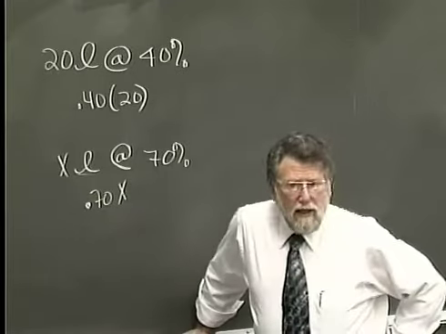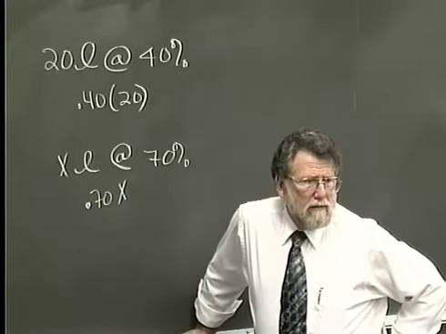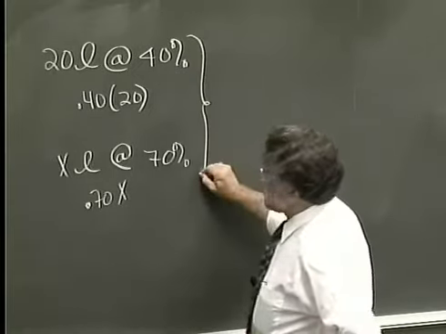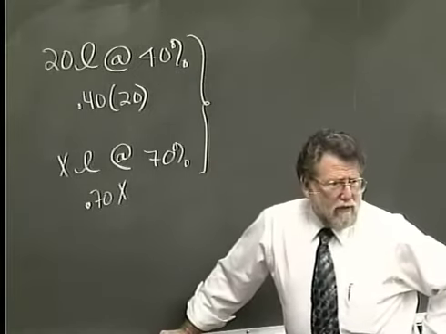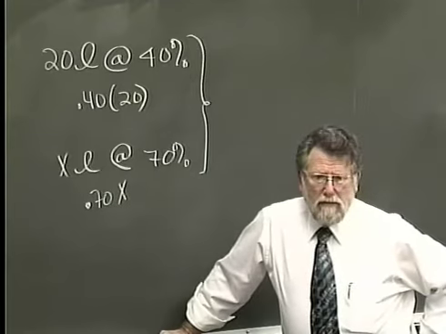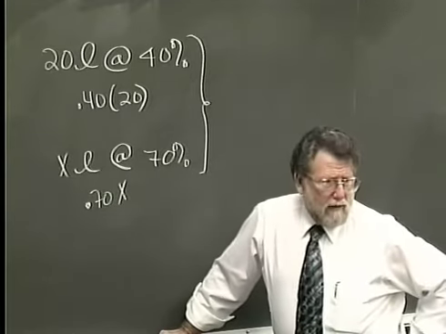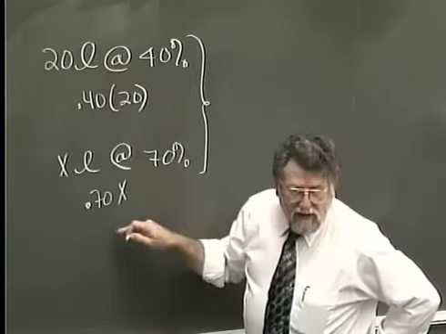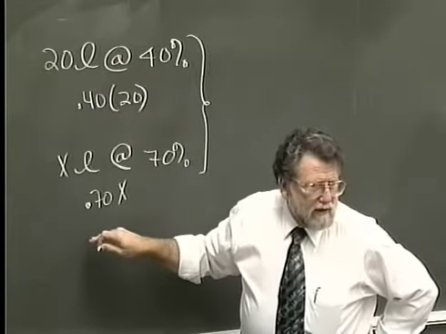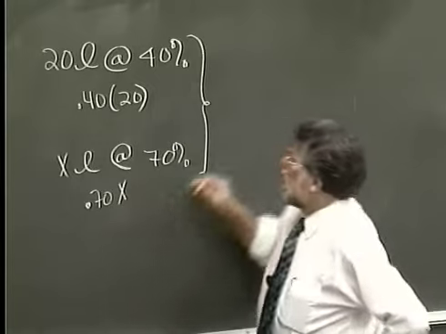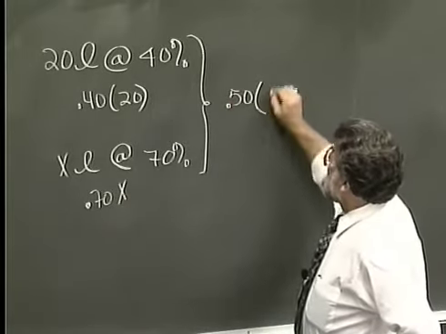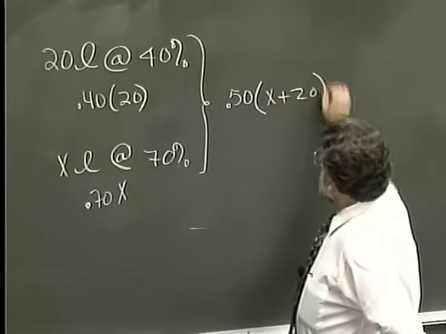Now I'm going to put that together. And I'm telling you that when I join it together, and I'm going to put a brace there, what am I going to have? A 50%, right? So now I ask, the amount of acid here, or the amount of salt in saline solutions, is going to be exactly what I have over here with a 50% solution, but now it contains what? x plus 20 liters.